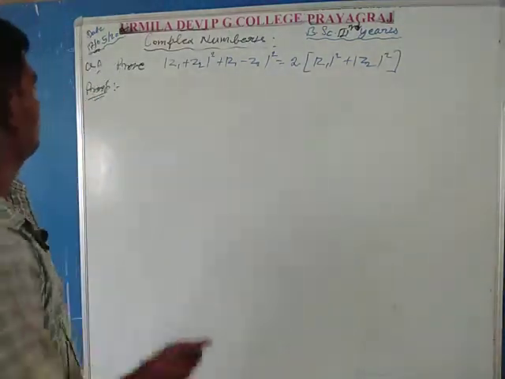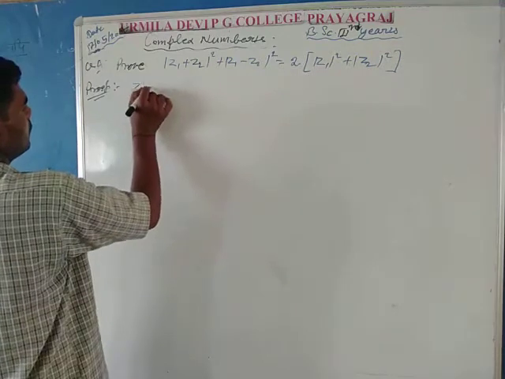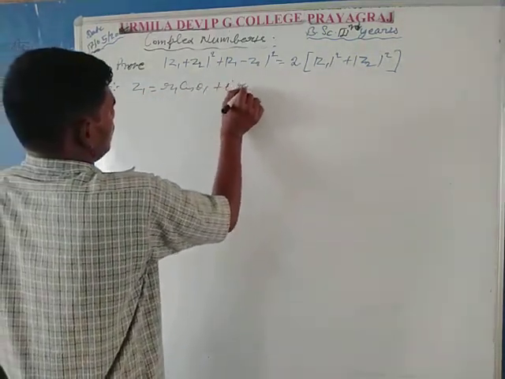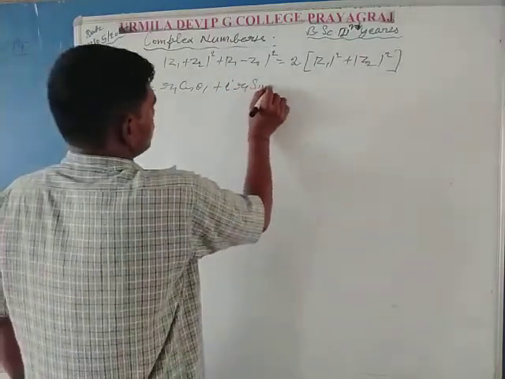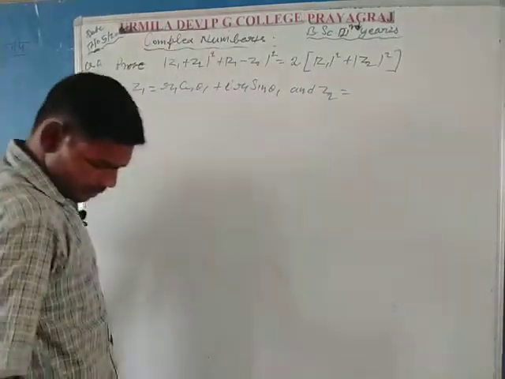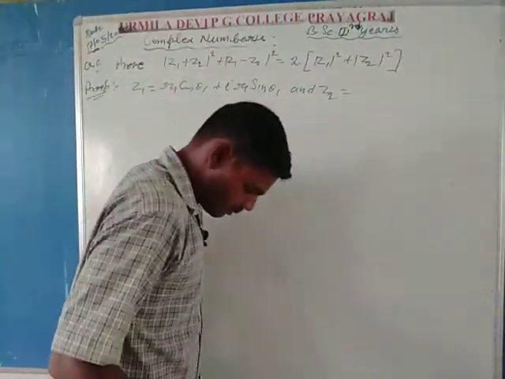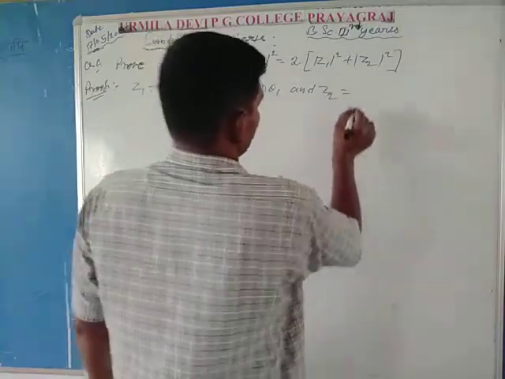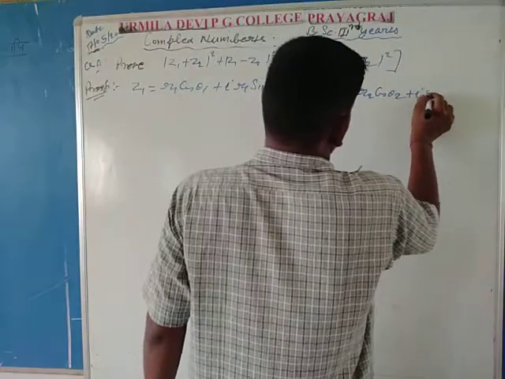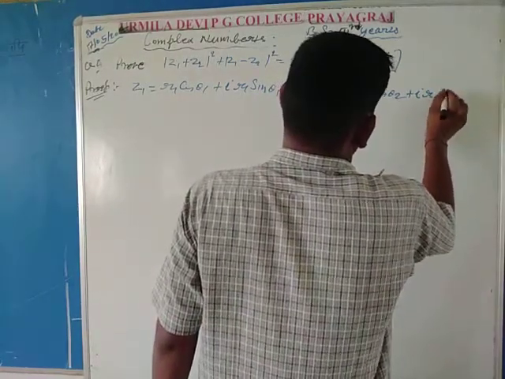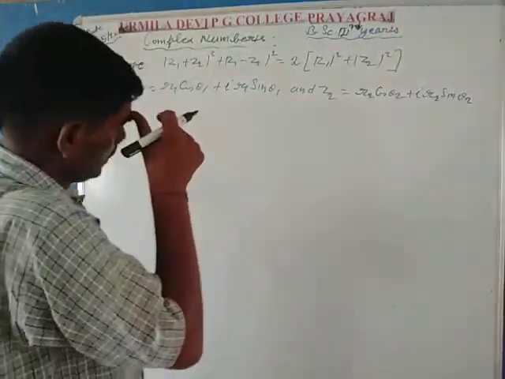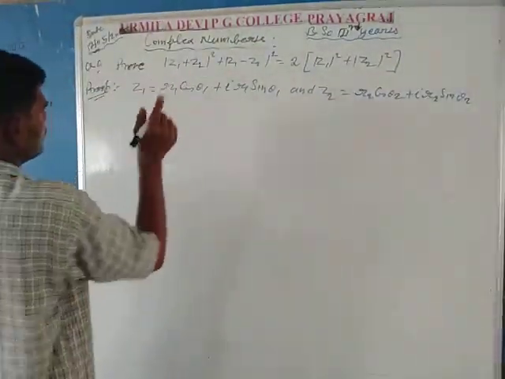So suppose that z1 is equal to r1 cos θ1 + i r1 sin θ1, and z2 is equal to r2 cos θ2 + i r2 sin θ2. First calculate the value of z1 + z2.